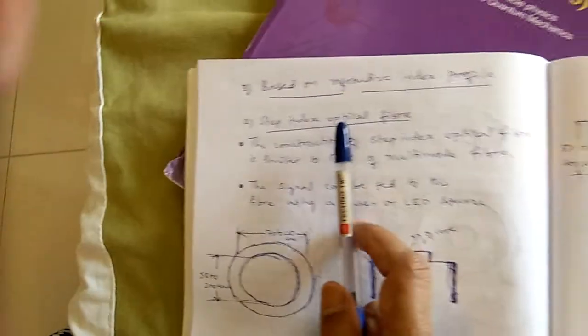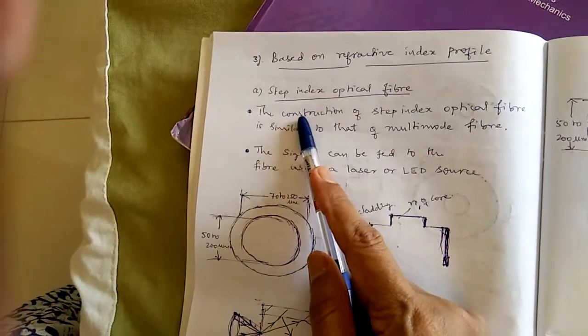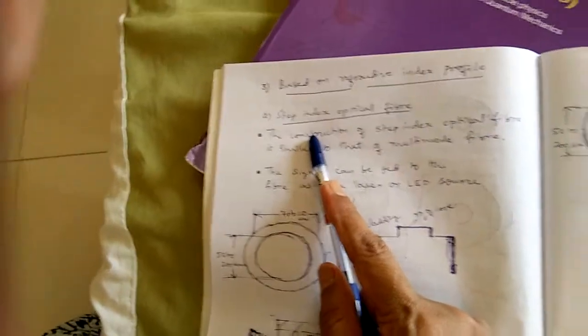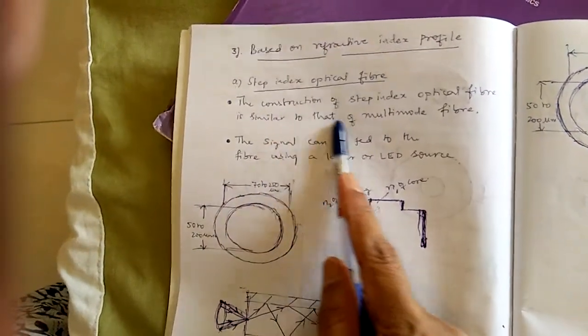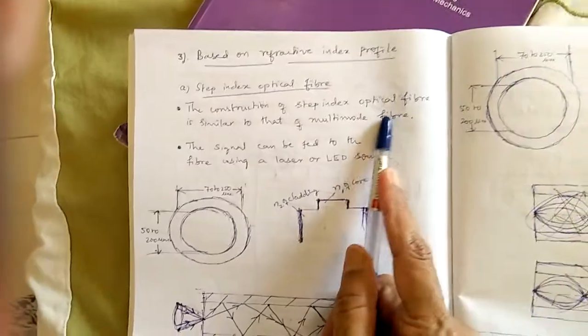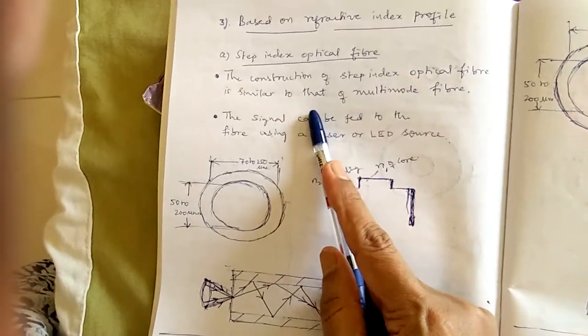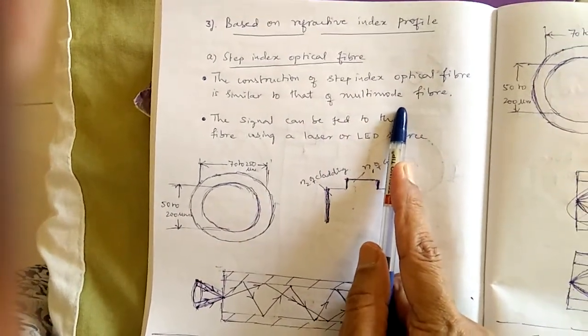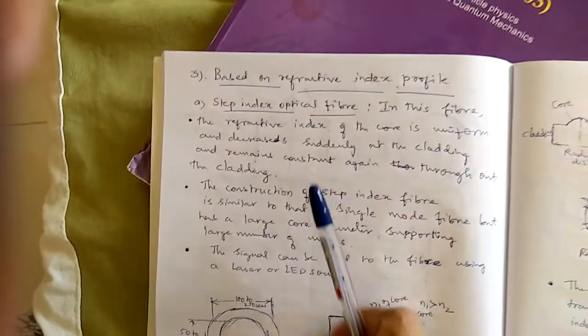Now, based on the refractive index profile, there are two types again. Step index optical fiber.